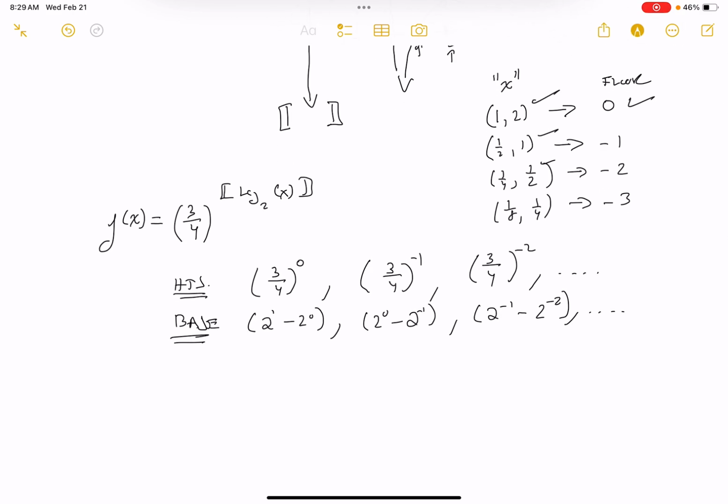It's going to be the base of the rectangle times the height of it, or the height times the base. Let me start talking about the areas now. It's infinite, by the way.